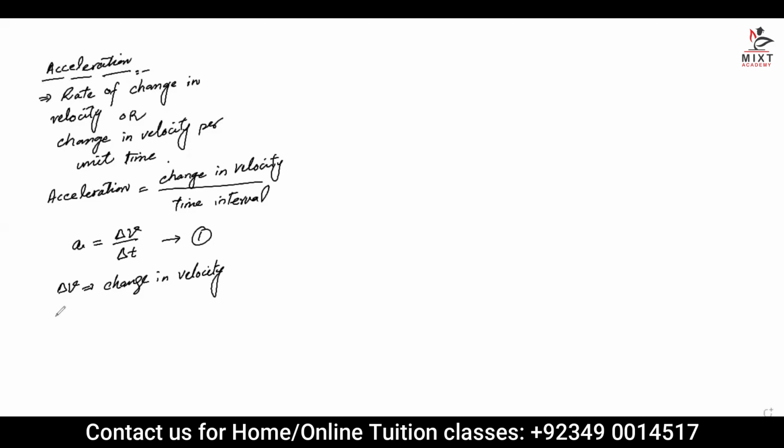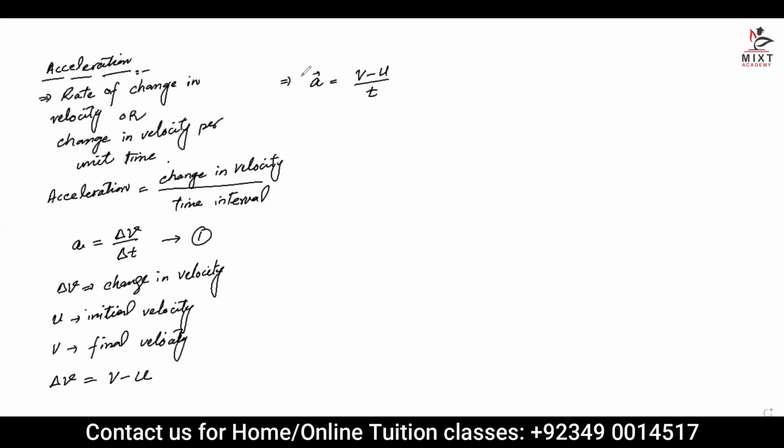One is U, the initial velocity, and the other is V, the final velocity. That's why del V will be equal to V minus U. Therefore, the acceleration A will be equal to V minus U divided by T.